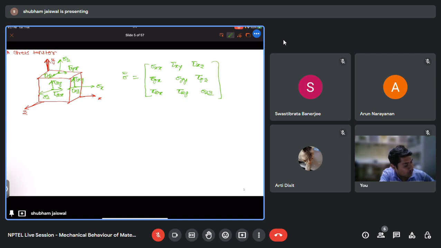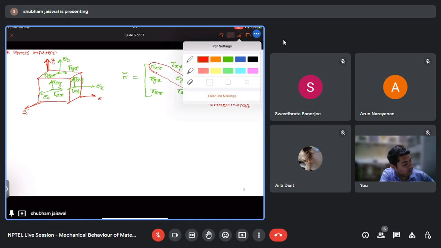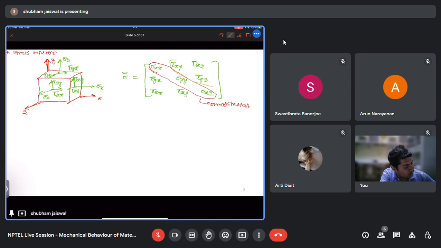Okay. So all the normal stresses are along the diagonal. So these are normal stresses. And these stresses that I have marked in orange are the shear stresses.